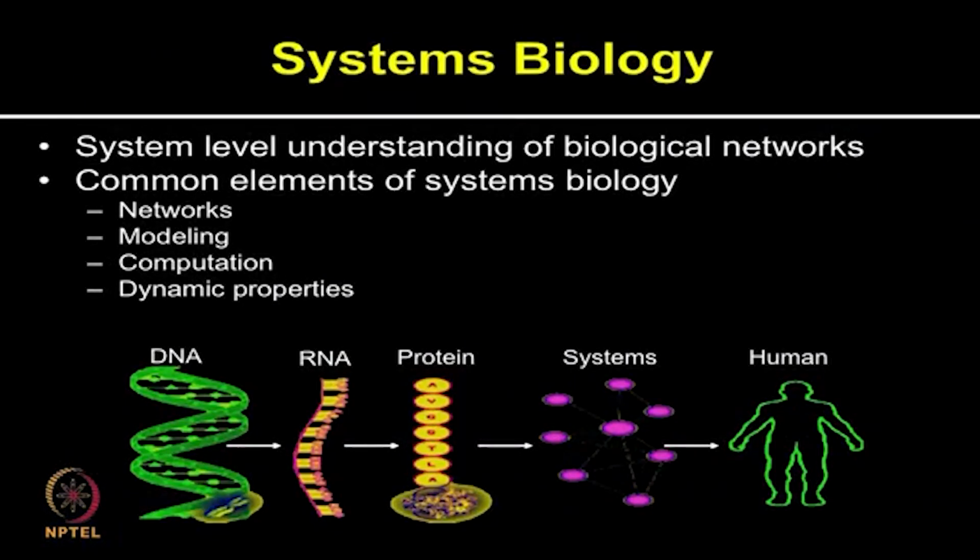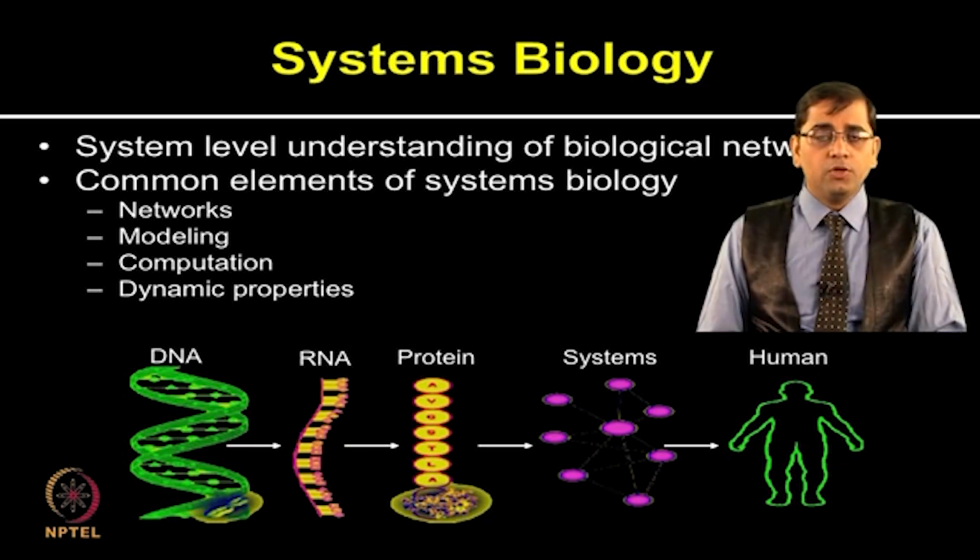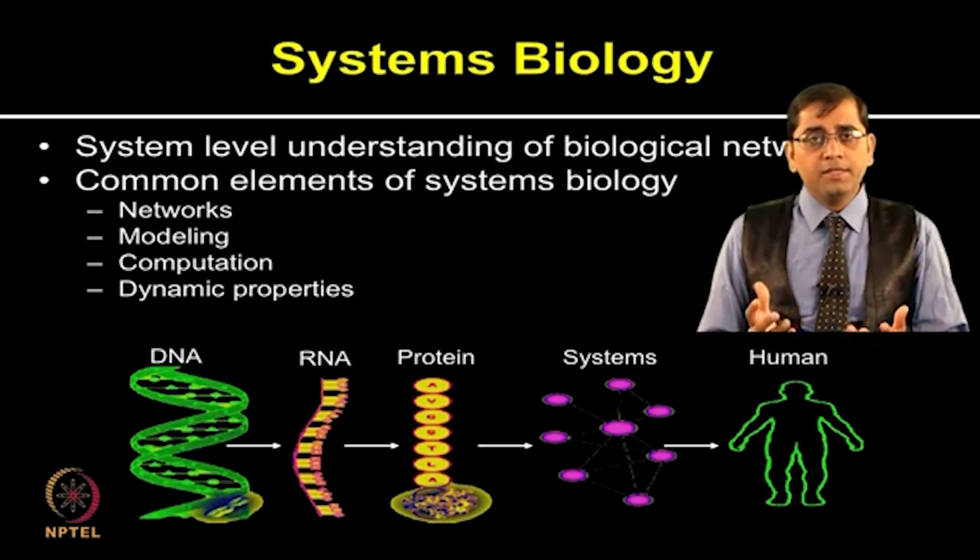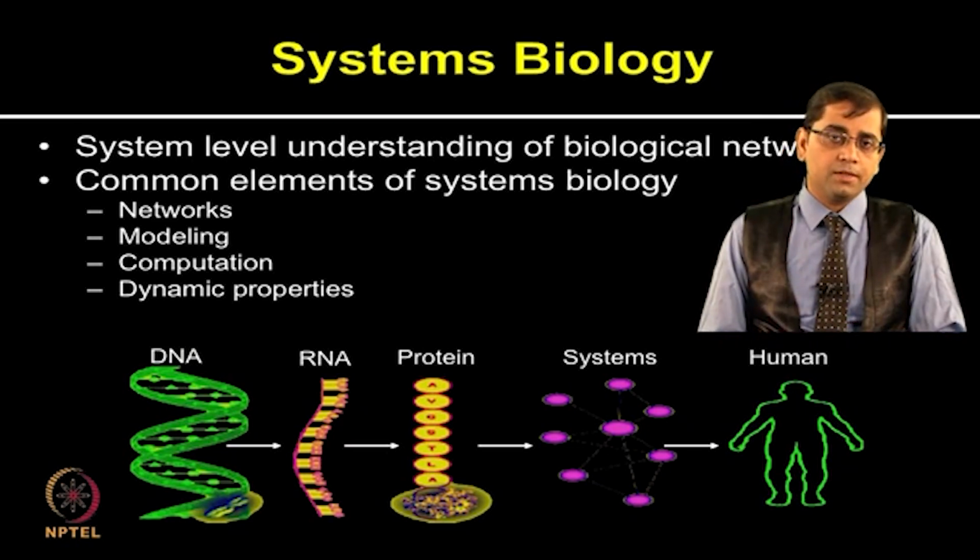Systems level understanding requires information from different levels at the genome, transcriptome or proteome level, which can then be applied to understand a complex system and also be applied to different organisms. The biological information is represented by the network of interacting elements and dynamic response to the perturbations.